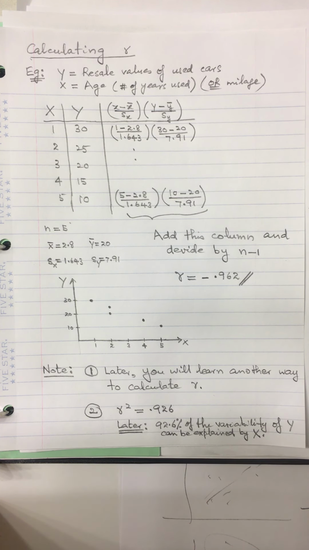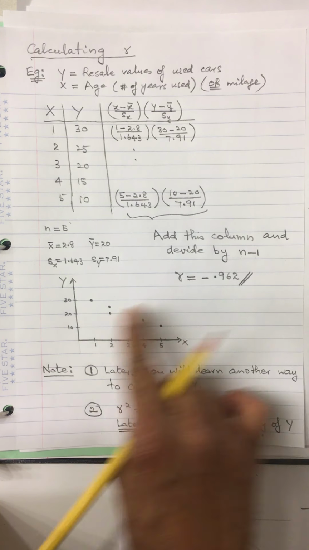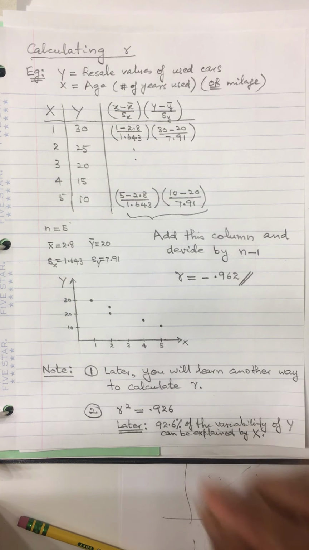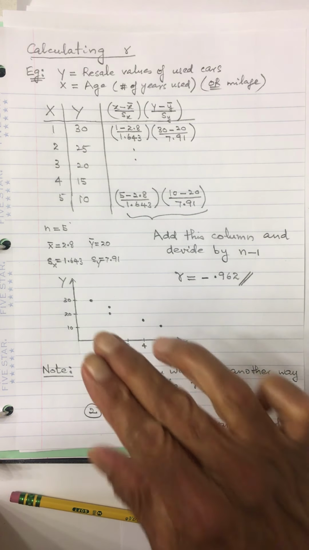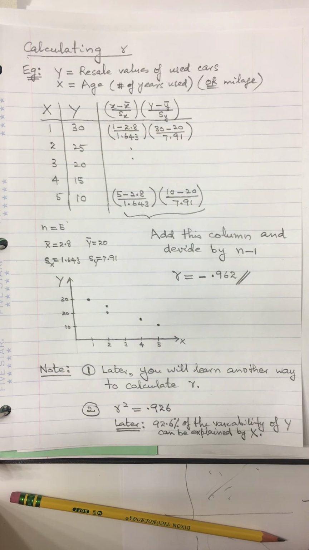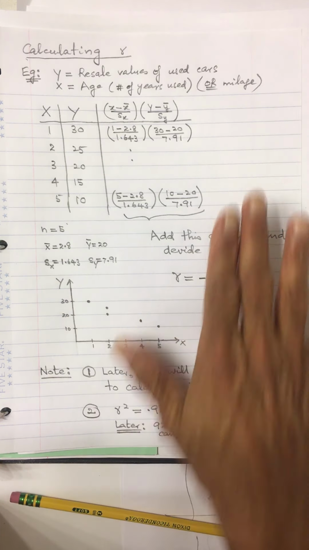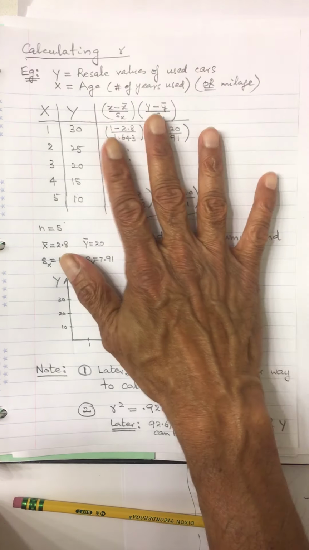If they were perfectly on a straight line, this would be -1. So there's a very strong linear correlation for this data set, for these x values and the y values. Anyway, this is how you calculate your R. If you are using software, you of course don't have to do this.